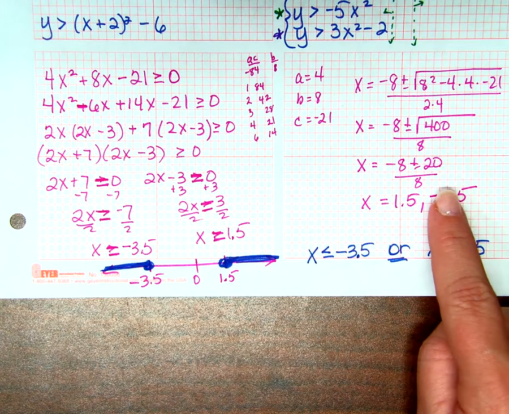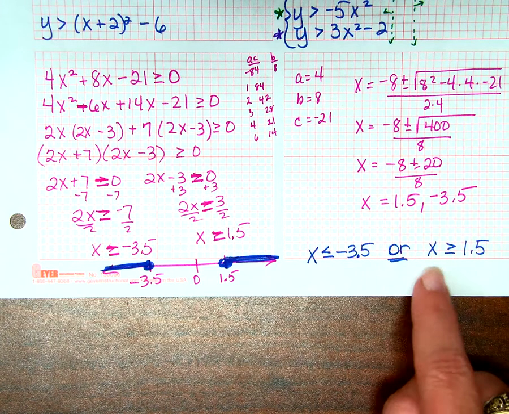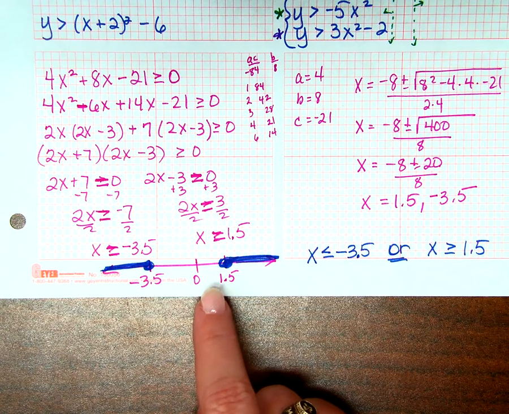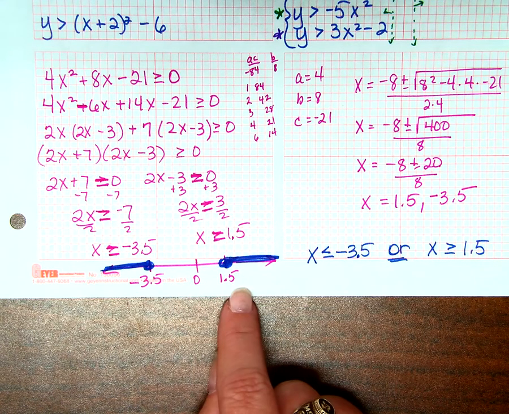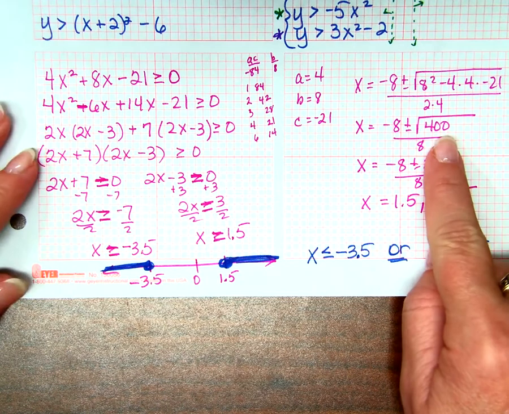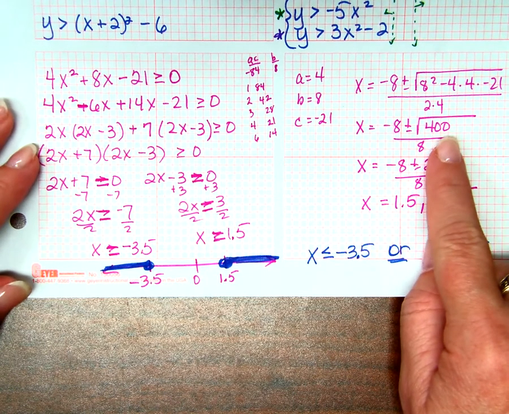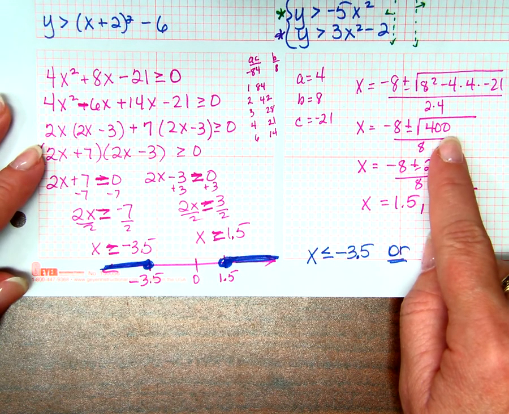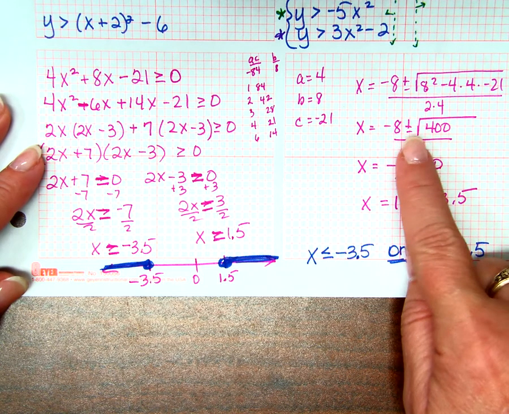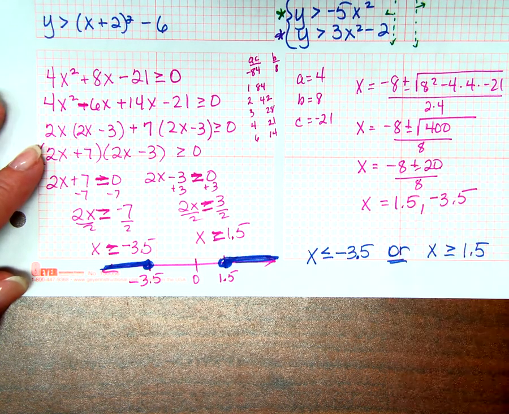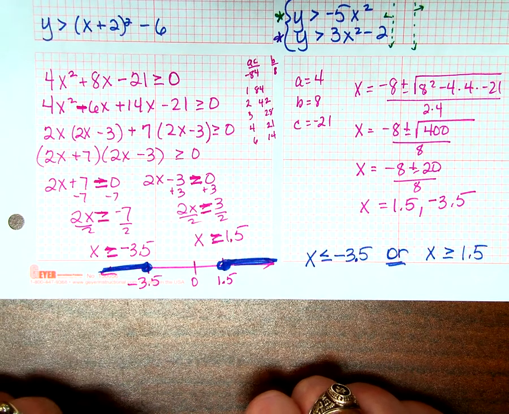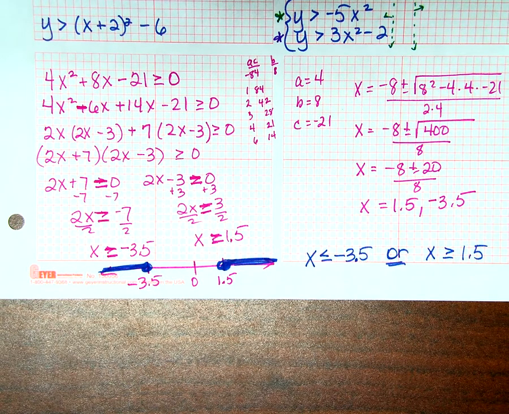This time, we can't, because that doesn't make sense on a number line. 2 plus or minus the square root of 402 over 6 doesn't make sense on a number line, does it? I need a decimal. So at this point, this is when we start using our calculator. Find the square root of 402, do negative 8 plus it, and negative 8 minus it, and divide it by 8 and see what you get. Those are the numbers that go on your number line. Does that make sense? Do you have any questions about any of that?